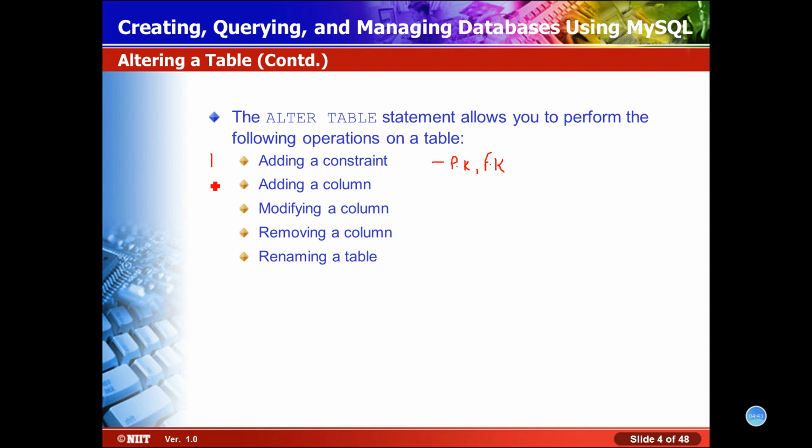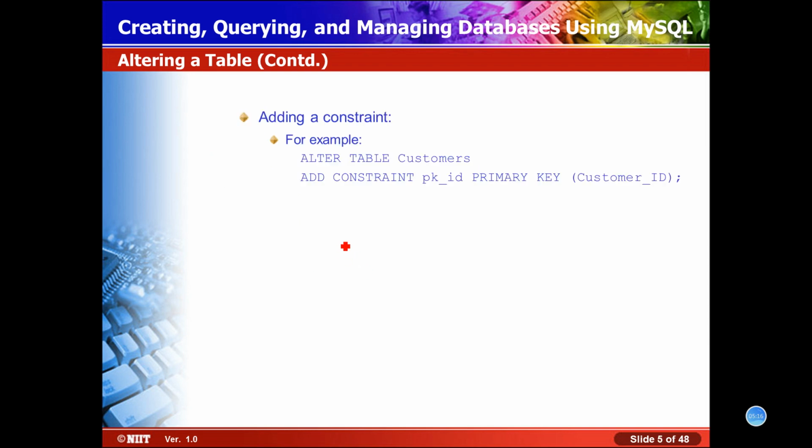You can add a new column, modify a column, remove a column, and rename a table. You can change the name of the table by using this command, ALTER TABLE. This is very important, so you have to remember this. Let's see some examples.